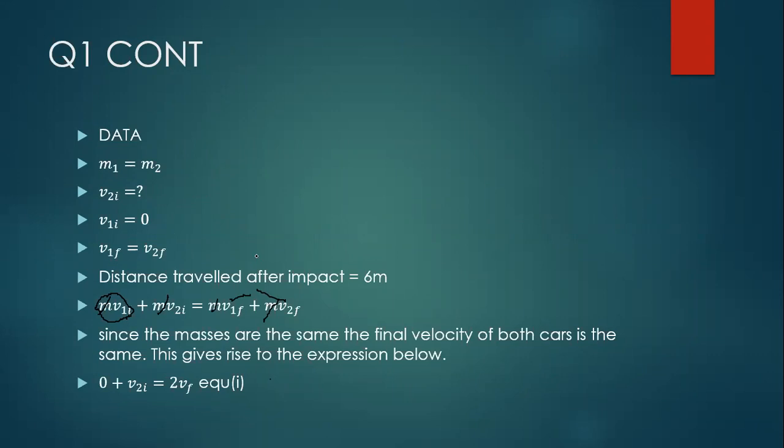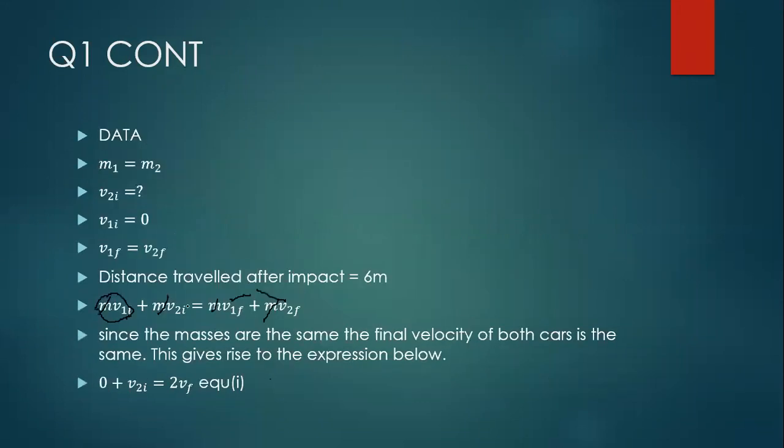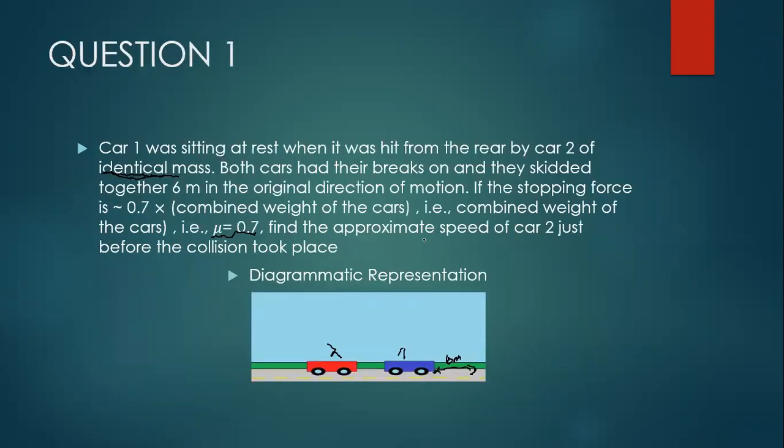That's why we are going through all this process, to see if I can find the deceleration, maybe I can find out how much the velocity of car 2 is. Remember in the equation, we have V initial is equal to 2 V final. So if I can find V final, I can find the velocity of car 1 before the collision, because that is what the question is asking for.